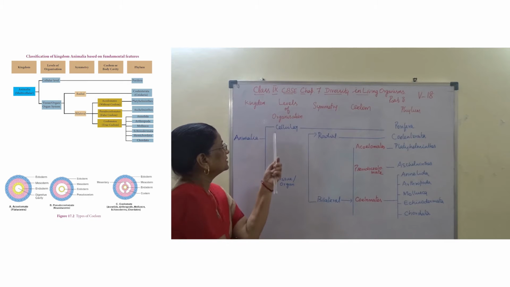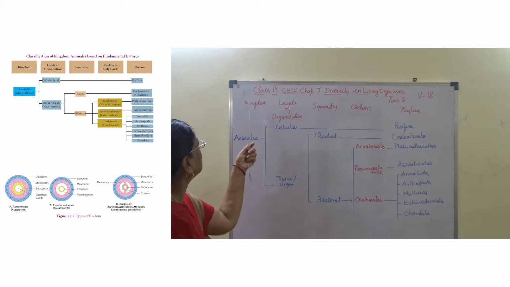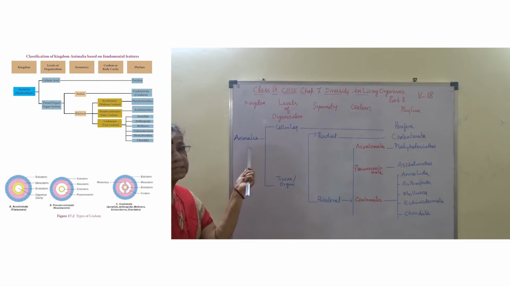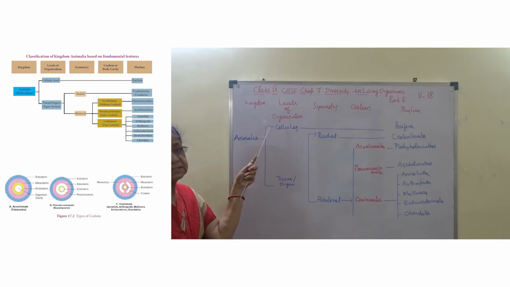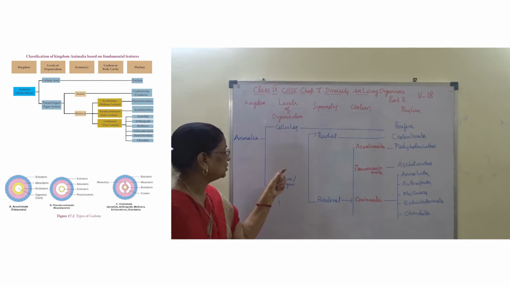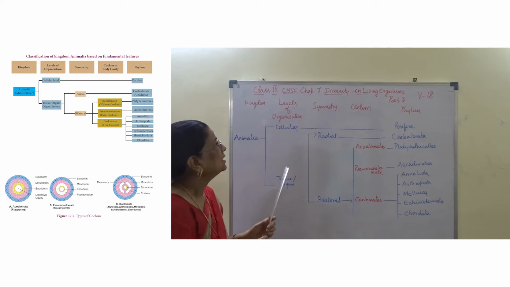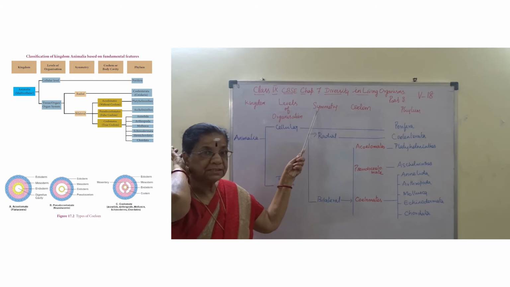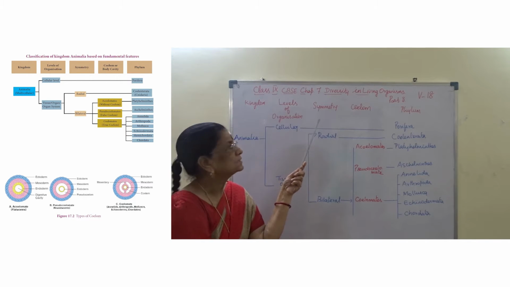First, they are classified whether they are plant or animal. So here this kingdom is Animalia. And then level of organization, referring to unicellular and multicellular. Then we have to learn symmetry, that is, the arrangement of body parts, of organ and organ system.